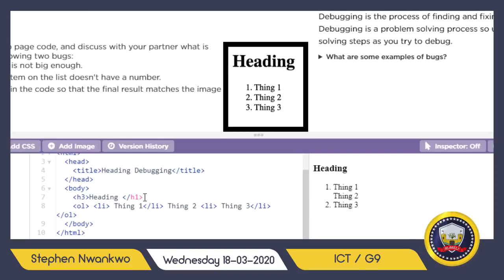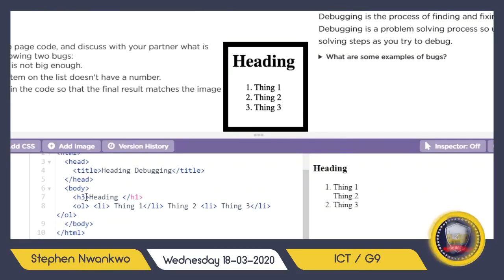The first bug that we identified here is what? The heading tag. Over here, I told you that whenever a tag is in pink color, it signifies a bug. And in HTML, H1 is the biggest heading, followed by H2, H3, H4, H5, and so on.